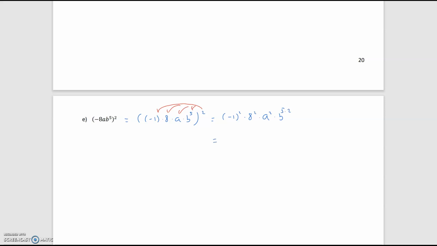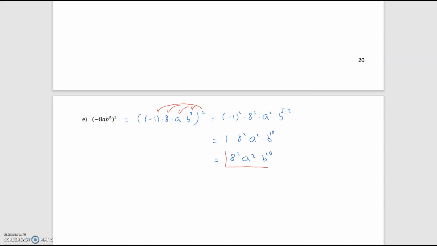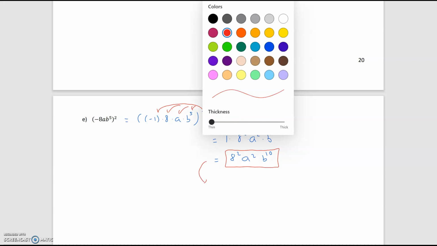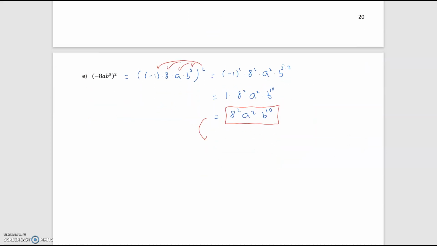And then the -1 to the 2nd is technically just a 1, times 8 squared times a squared times b to the 10th, or 8 squared a squared b to the 10th. I'm going to box this in as a possible final answer, because technically all the values are already in lowest terms, or they may want us to expand it.